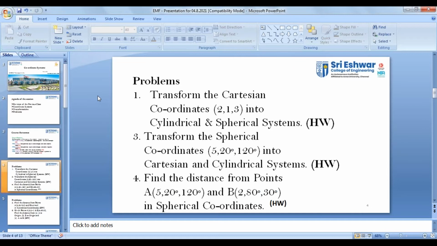The method is to convert the cylindrical point into Cartesian, then the spherical point into Cartesian. So two Cartesian points are obtained now, right? Now you apply the distance formula, because the distance formula is available with us for Cartesian systems. So convert into Cartesian and apply the distance formula as such. Is it okay?